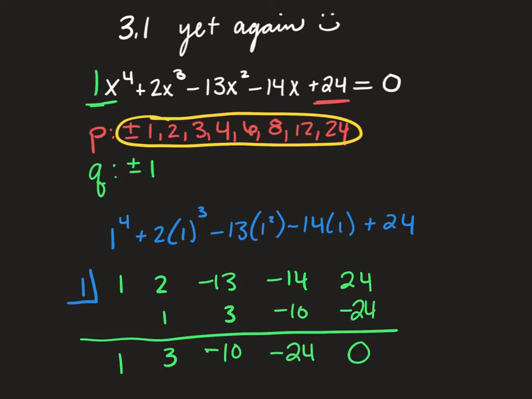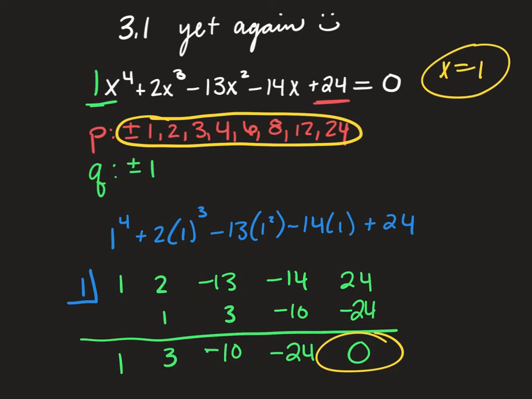So you know that it will work if you get a 0 at the end. If you don't get a 0 at the end, then that means that's not going to be a possible answer and you can't use it. So we know that now x equals 1 is going to be a solution to our equation, because when we use synthetic division with 1 in our box, it gave us a 0 on the end here.